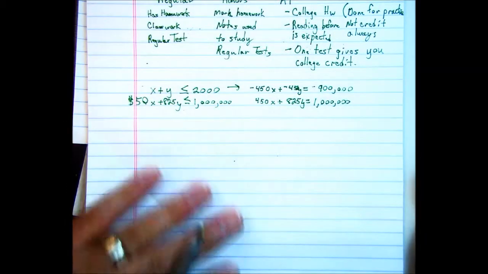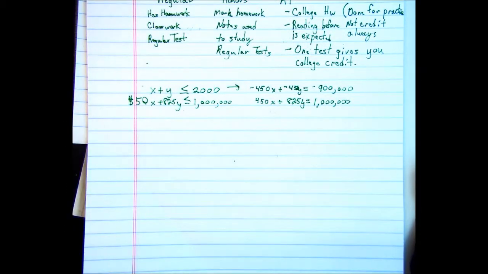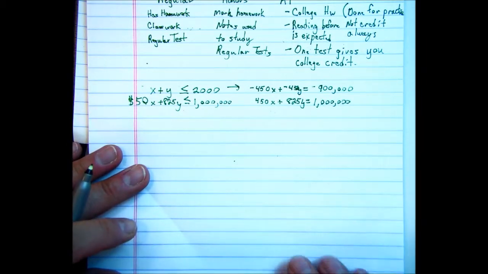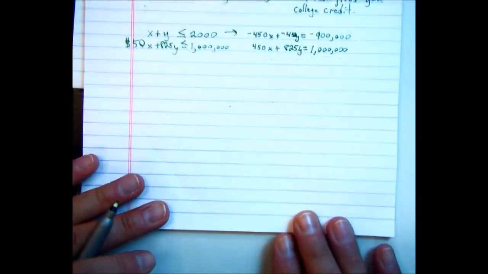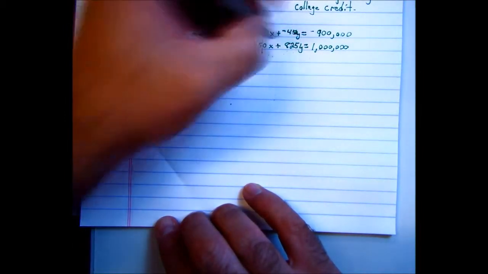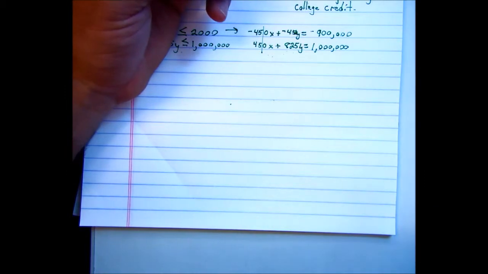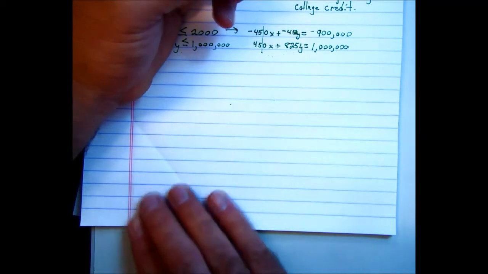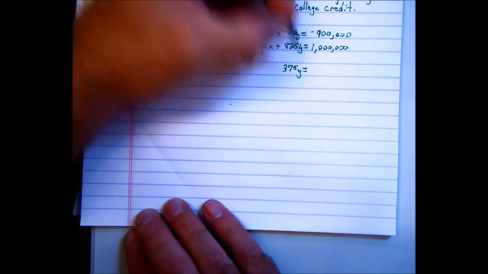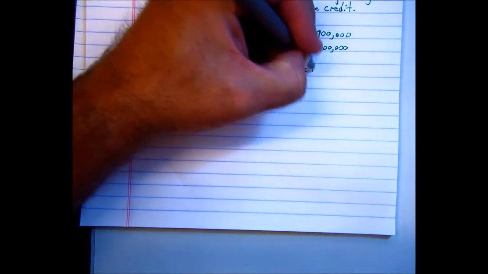And now I eliminate. And how do I eliminate? I eliminate by moving straight down, or adding straight down. So this eliminates, x is gone, and you're left with 825 minus 450, which is 375y, equals, then of course 1 million minus 900,000 is 100,000.